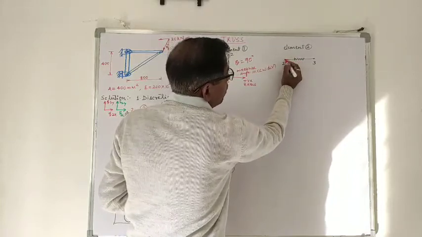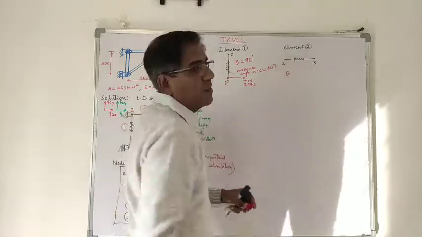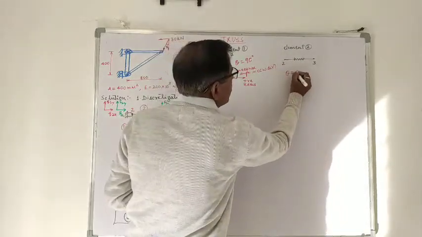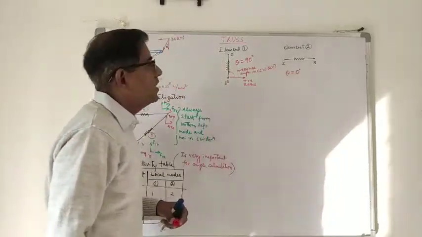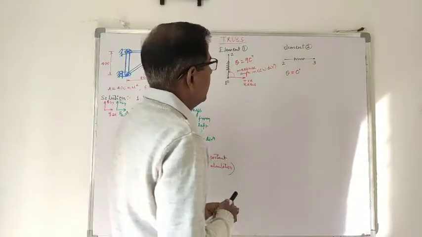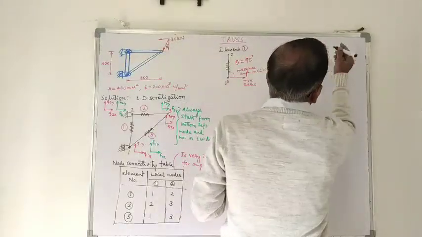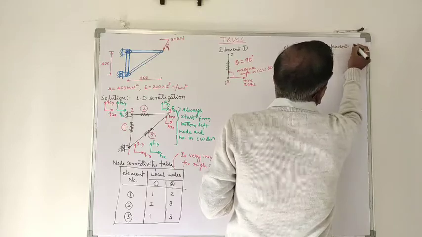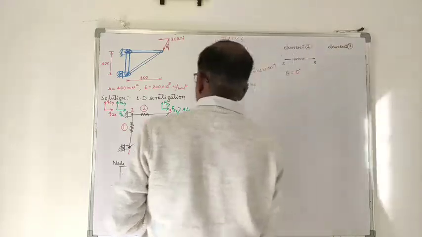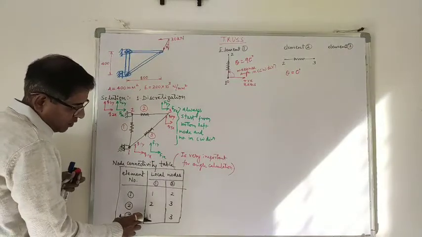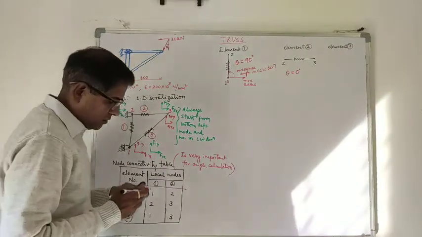If you measure the inclination of this truss member, then it is 0 degrees. So theta is 0 for element number 2. Similarly, element number 3 is this one and the first local node is 1.